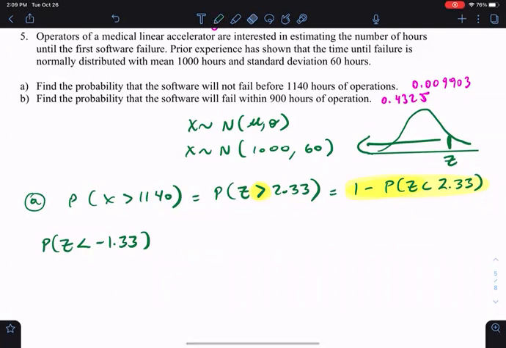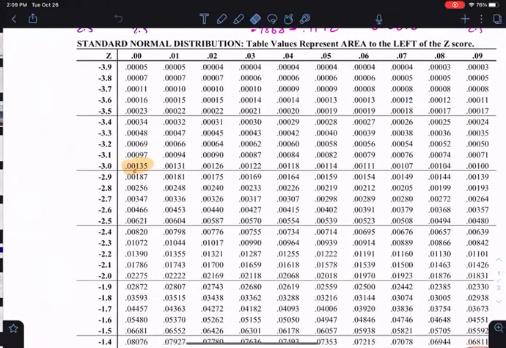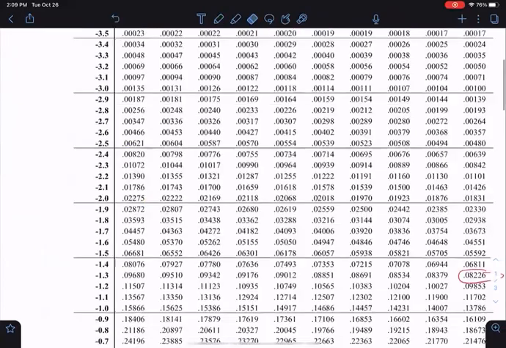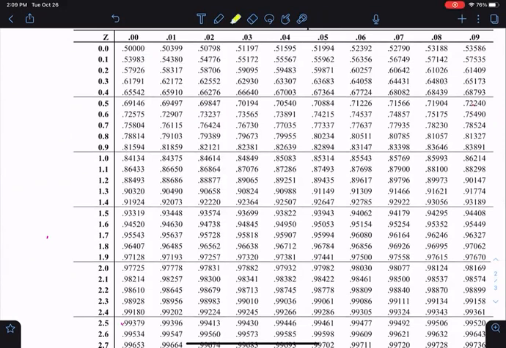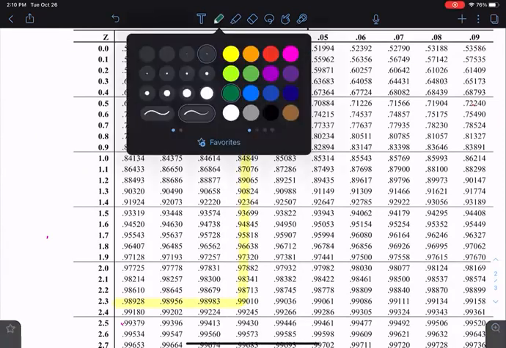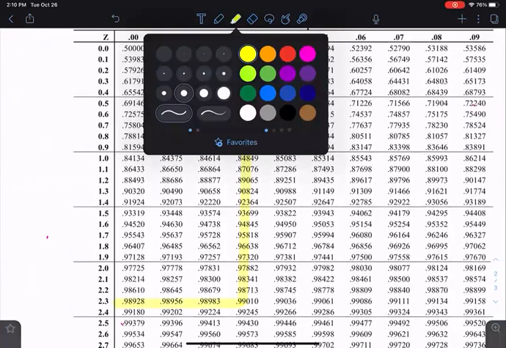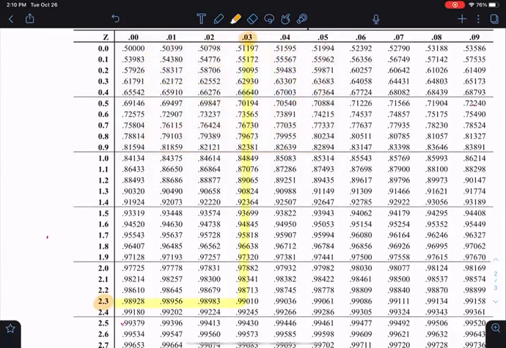Okay, that being said, I just need to calculate 1 minus the area for positive 2.33. That's right here, 2.33. That's how you find it: 2.3 in the row, and 0.03 in the column.